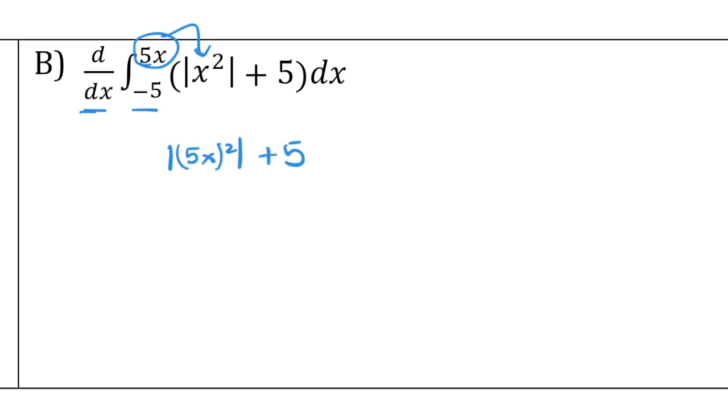Next, you wanted to remember to multiply by du, and that would be times 5. So you should have the absolute value of 5x squared plus 5 times 5. Simplify if you feel like it. This becomes 25x squared plus 5, but once again, remember this is all multiplied by the number 5.